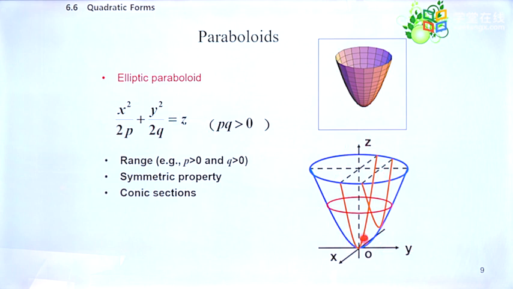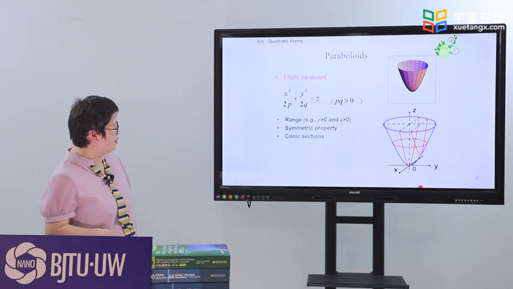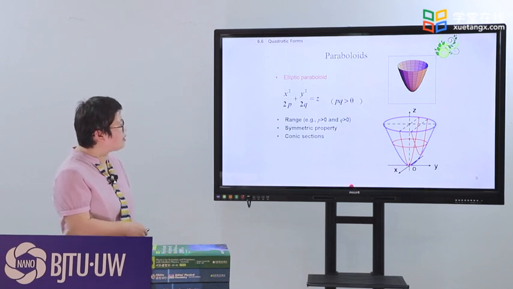You cannot have a negative value for z. Okay, symmetric property. It is symmetric with respect to the XOZ plane, and also the YOZ plane, and it is symmetric to the z-axis. So now we consider its conic section.